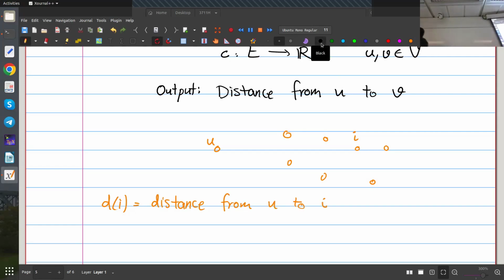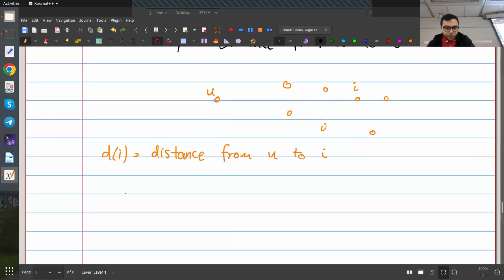Okay. Now let's see if I can find some sort of a recursive formula for this. So I'm writing a function d that is taking some I and it wants to return the distance. Well, the base case is very simple. The distance from U to itself, it's 0, right? Is it 0?